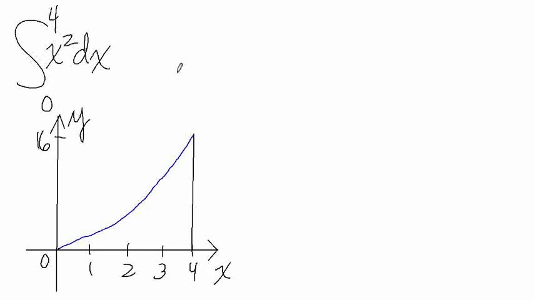All right, so if you wanted to find the integral of x squared from 0 to 4, you could just use the fundamental theorem of calculus. And that would give you 21 1/3. Let's pretend you didn't know that, or maybe for some other reason you wanted to approximate it with rectangles, okay?